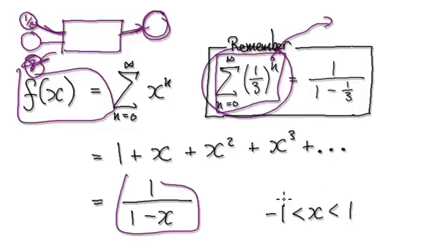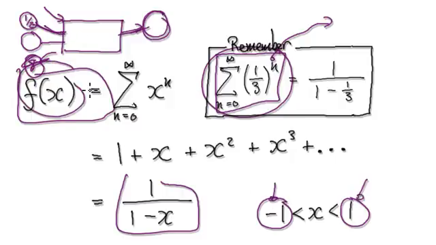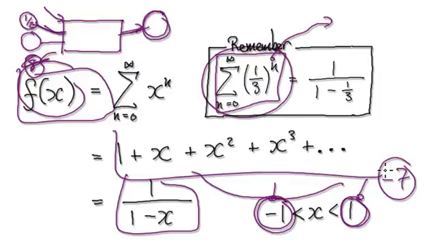The domain for our function is between -1 and 1. What it means is our machine here, you can only put in numbers that are between -1 and 1. So it's pointless putting the number -7 into there because the machine breaks down. What it means is the series diverges.